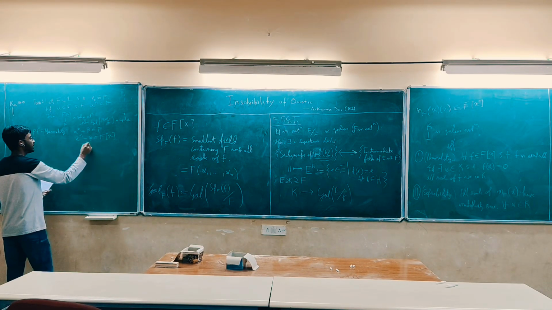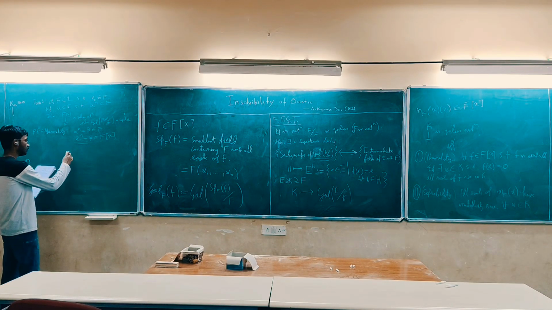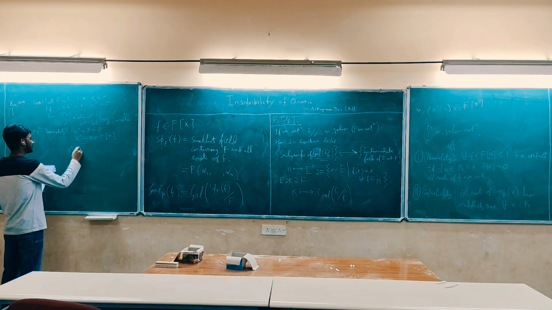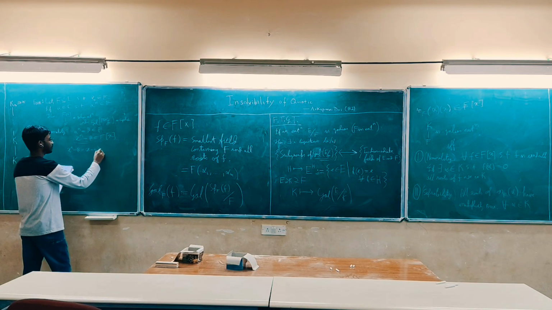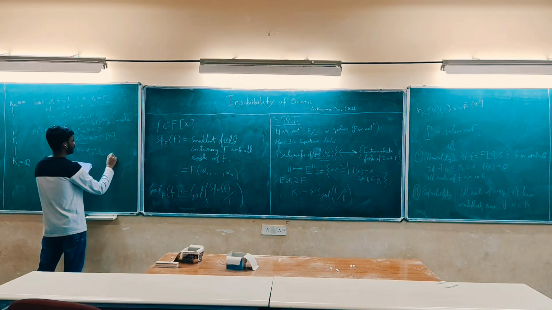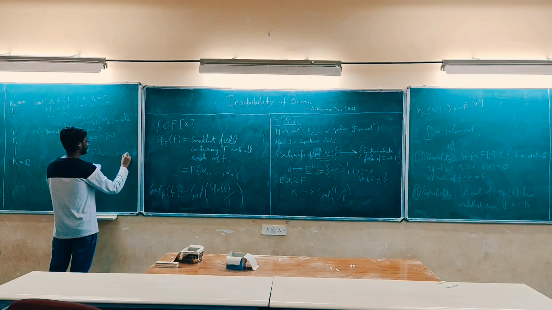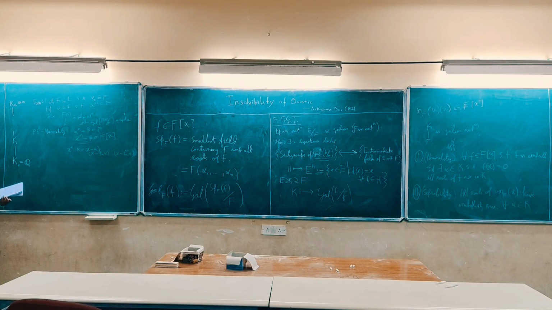Actually, we only need to take this polynomial. This is an irreducible polynomial, and we only need to take this. So x to the power n minus beta is of the form (x minus alpha)(x minus zeta alpha) and so on up to (x minus zeta^(n-1) alpha). This is a factorization.